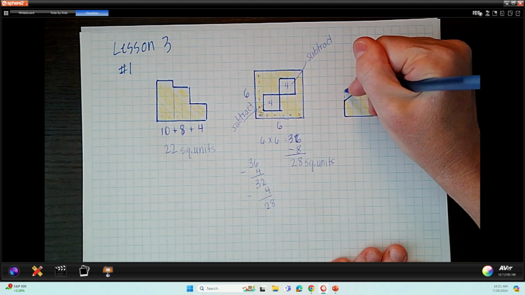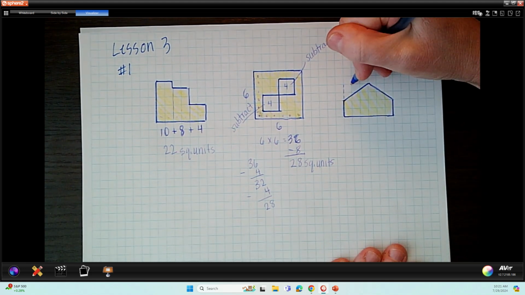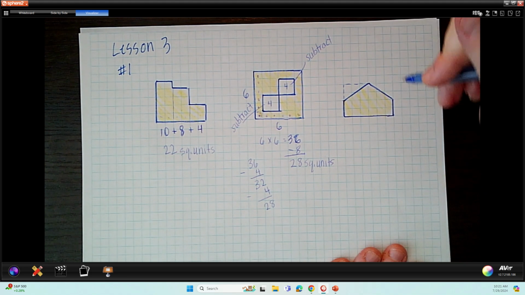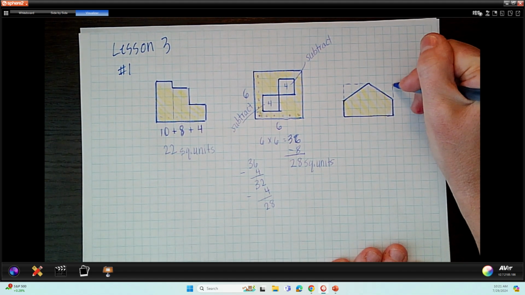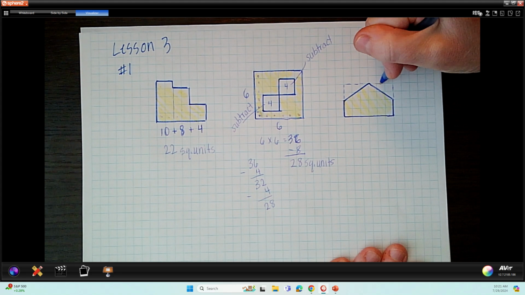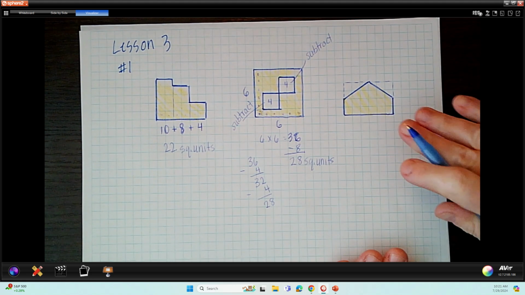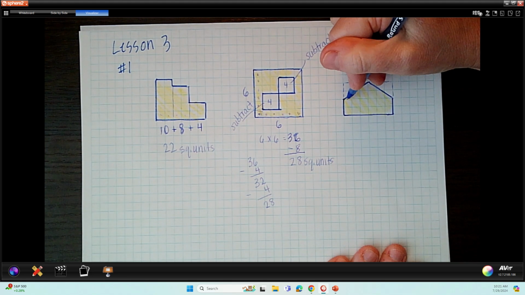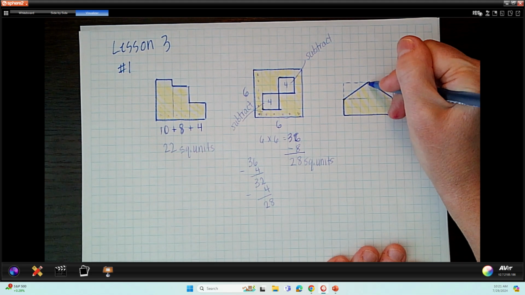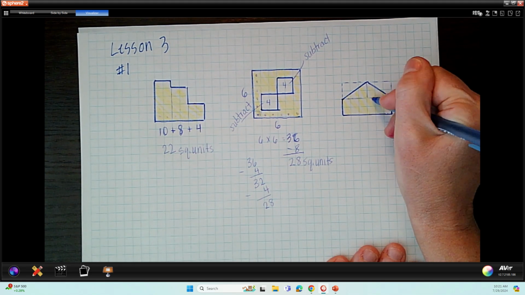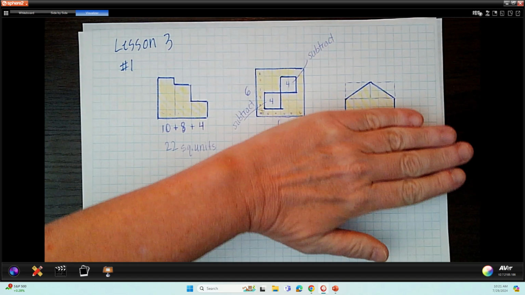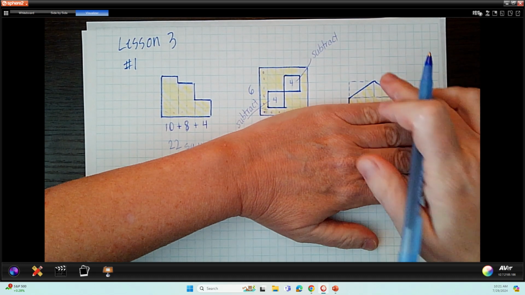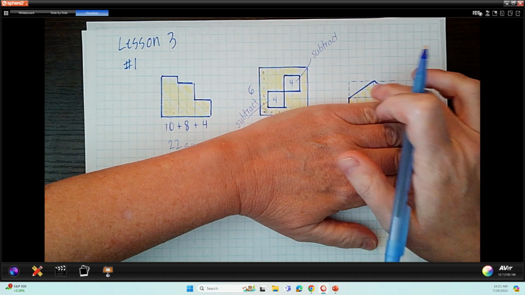I'm going to take the shape up and over, and now I can see that I actually have one big giant rectangle. I can also partition it here and here and here, and I can see I have 2 rectangles. And remember, half of a rectangle is a triangle.